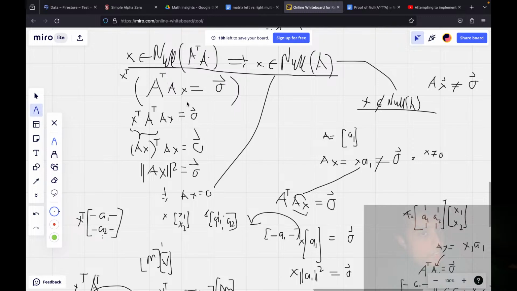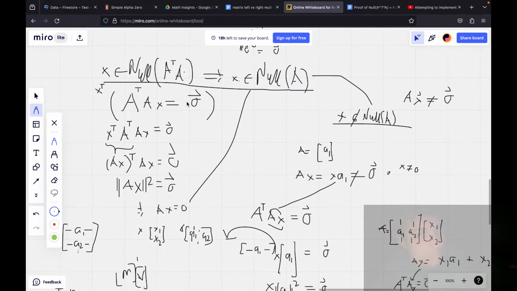But that means Ax cannot be in the column space of A. So that means if A^T Ax is 0, Ax cannot be in the column space of A.